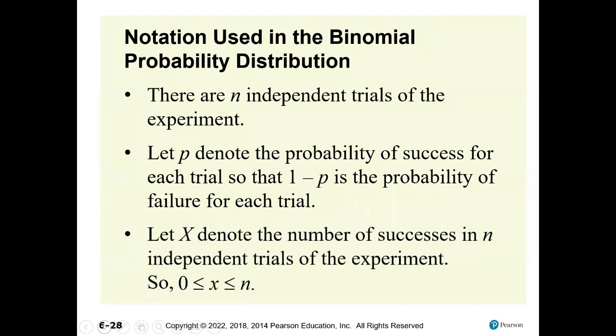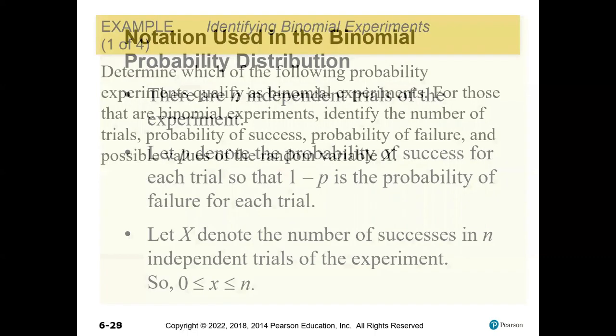For example, 60% successes, 40% failures. And then X is going to denote the number of successes. So we'll figure out, what's the probability of getting 6 successes out of 10? All right. So the number of successes we want has to be a whole number, and each one is independent of the next.